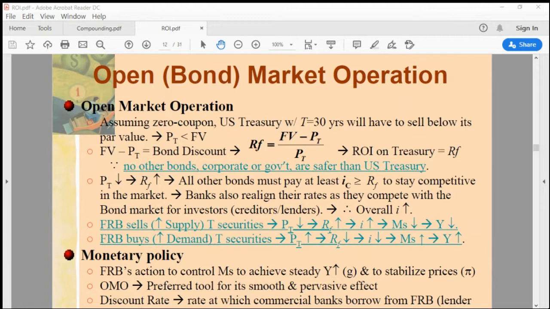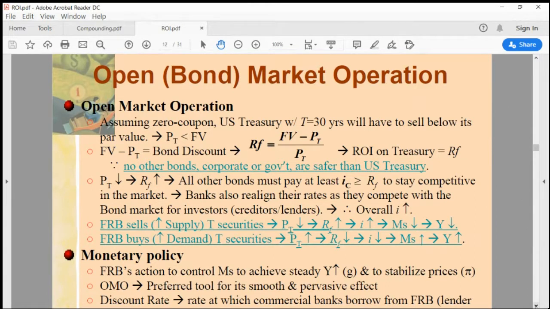So in our last class, we discussed what types of bonds are out there and how they are classified, and the reason we were talking about the basics of bonds was to understand what the open market operation is.